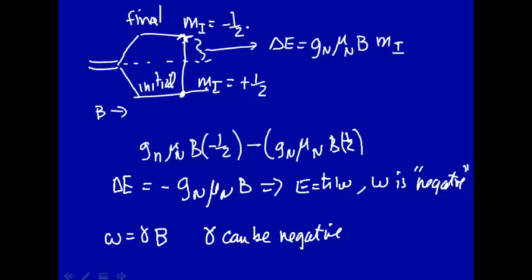And whether you put m sub I equals minus 1/2 and plus 1/2, or m sub I equals plus 1/2 and minus 1/2, depends on the nucleus you're looking at, whether the gyromagnetic ratio is positive or negative, which, as we said earlier, really means whether the nuclear magnetic moment is positive or negative. So some nuclei can have a negative magnetic moment leading to a negative gyromagnetic ratio.